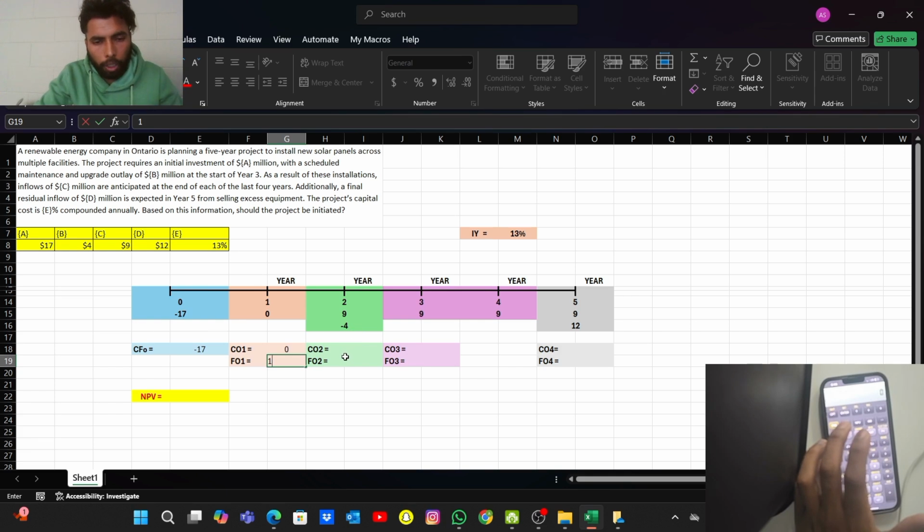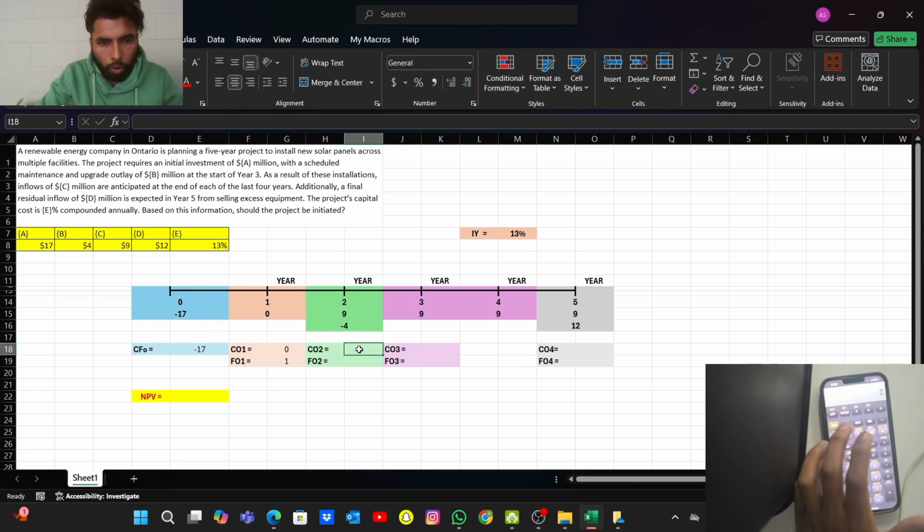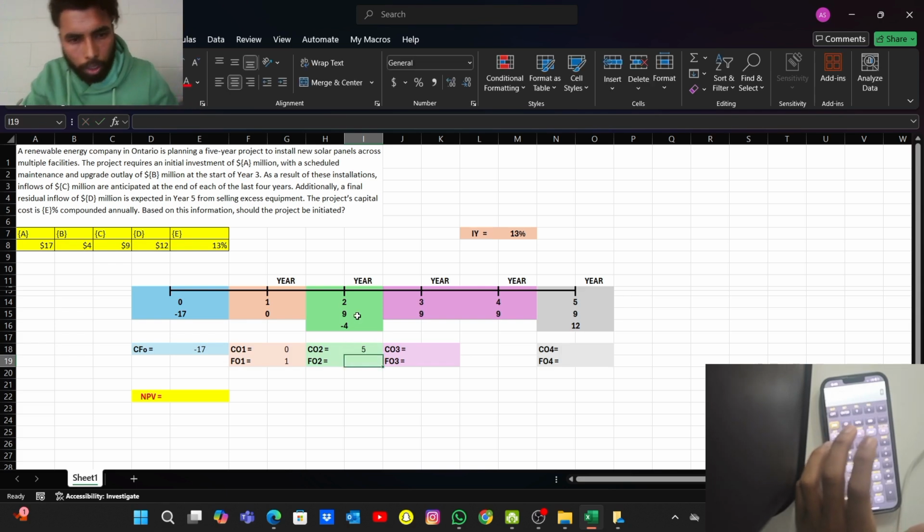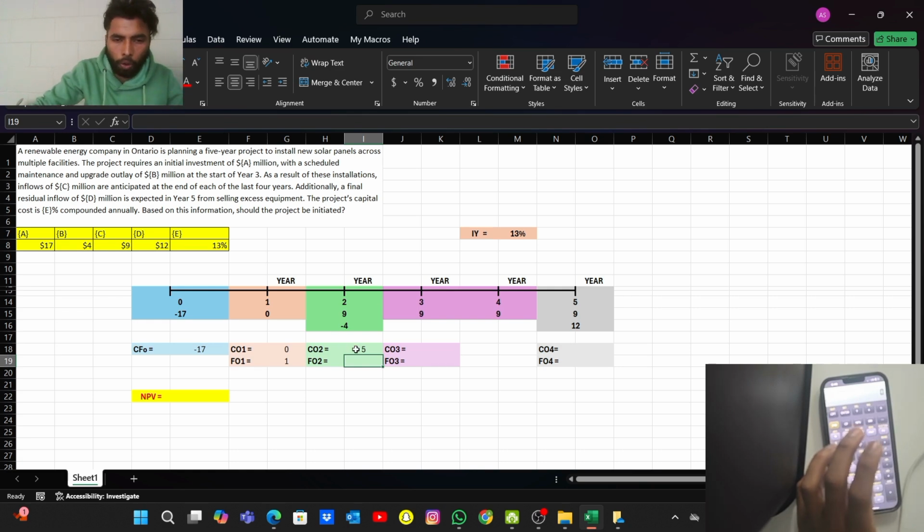For CO2 the formula is 9 minus 4, because that is inflow minus outflow. Enter. That gives 5, and the frequency is only for the third year, so F1 is 1.